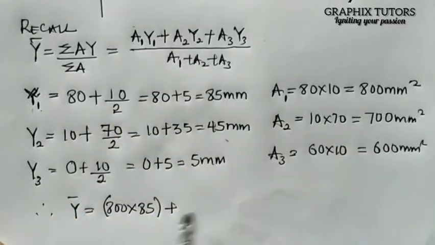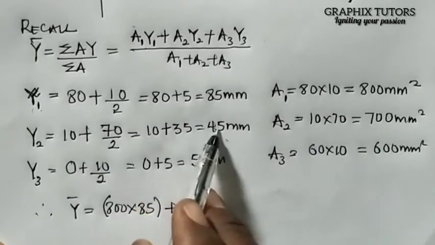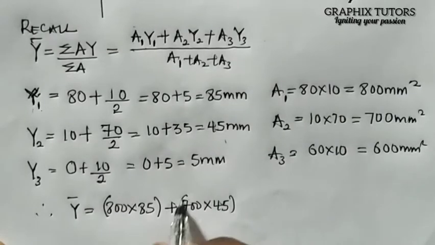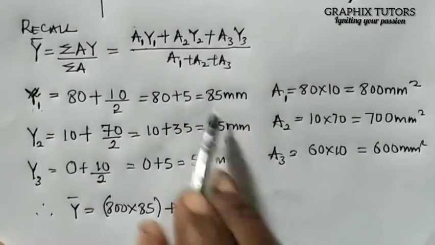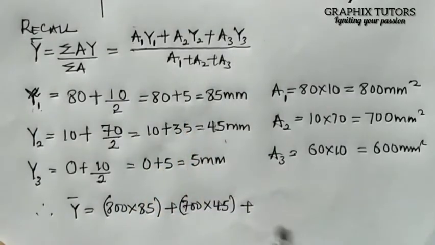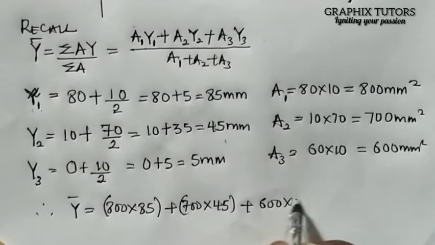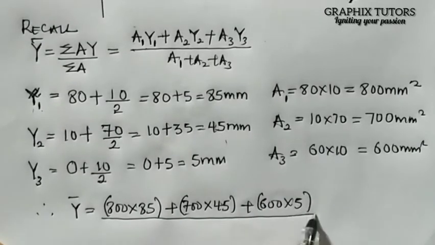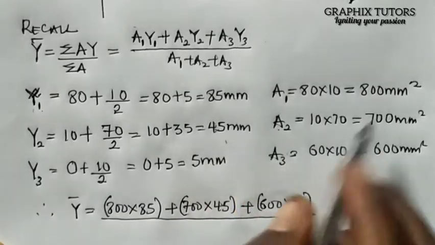That will be 700 multiplied by Y2. Y2 is 45. Close the bracket. Plus A3. This is A3 here, 600 multiplied by Y3. Y3 is 5. So everything all over A1 plus A2 plus A3.